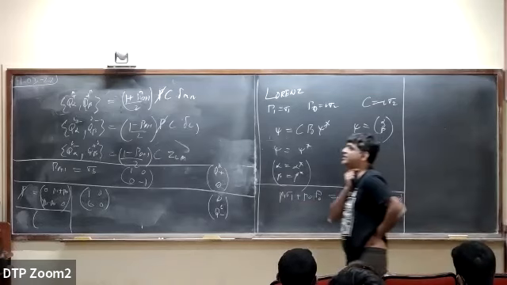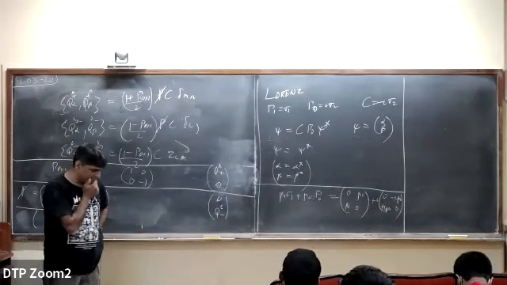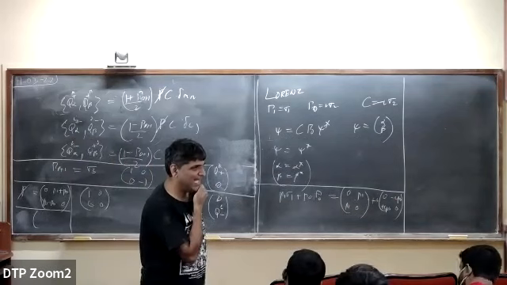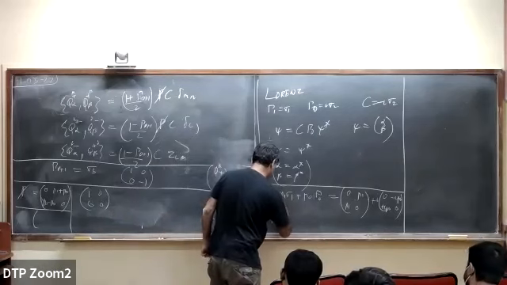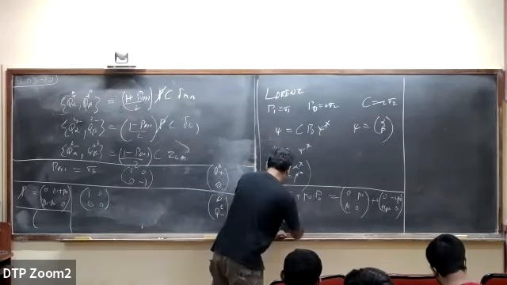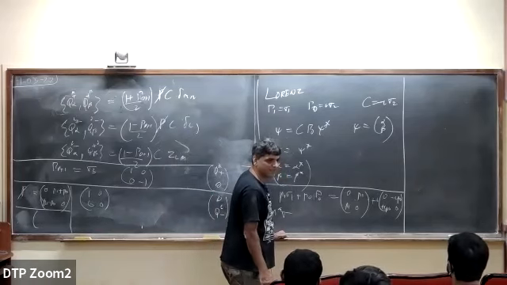But you know, with our sigma matrix, now it's a question of which has upper and which has lower indices. So I will always take P to have upper indices, P mu, and I want sigma to have lower indices.